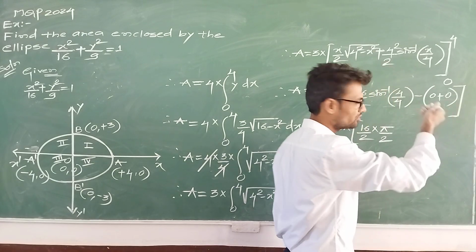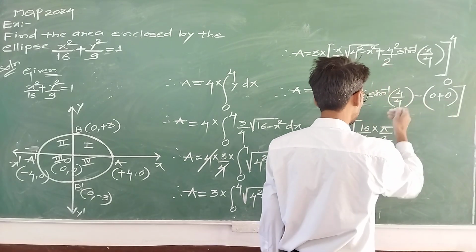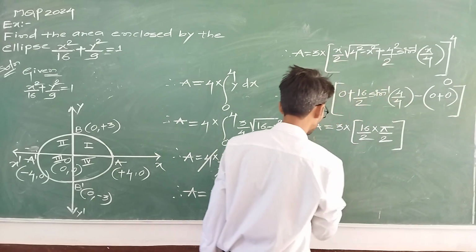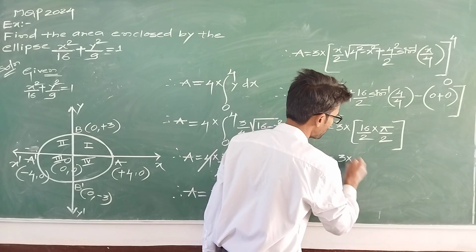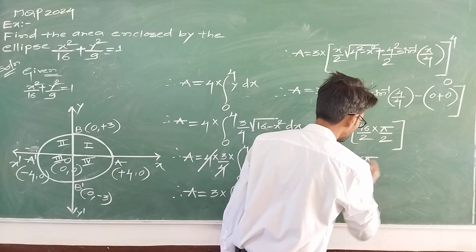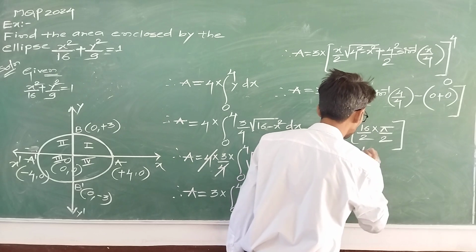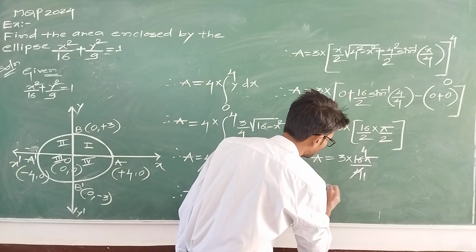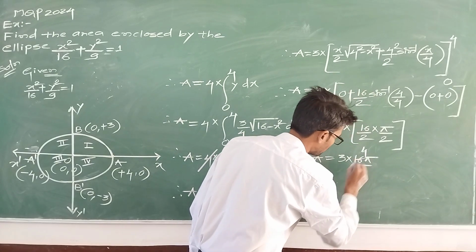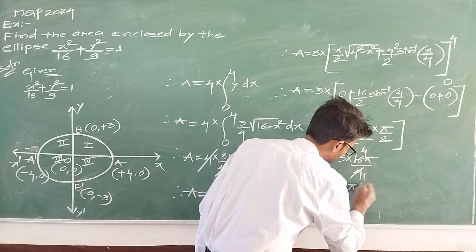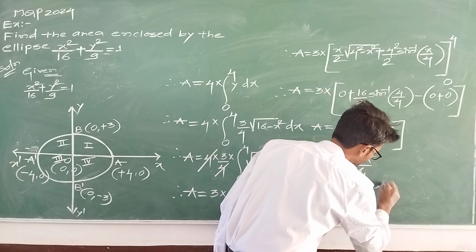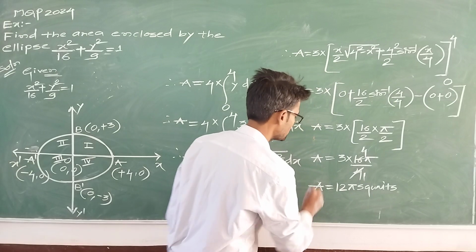Minus 0 plus 0, 0. So therefore A equal to 3 into 16 by 2 into pi by 2, that is 4 pi. So area A equal to 3 into 4 pi, it is 12 pi square units.